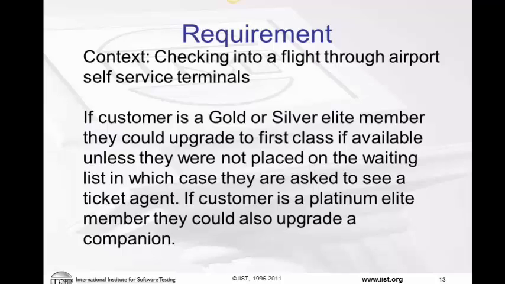If they are gold or silver members of the loyalty program, they could upgrade to first class if there is a first class available. But they must also have been placed on the waiting list to be upgraded. Now, see, I'm explaining some of the things here. It says here, not unless they are placed on the waiting list, but it doesn't say which waiting list. If the customer is a platinum elite member, they can also upgrade a companion.